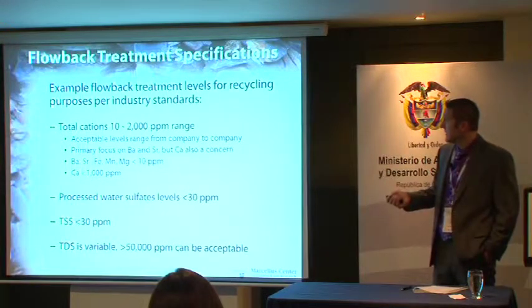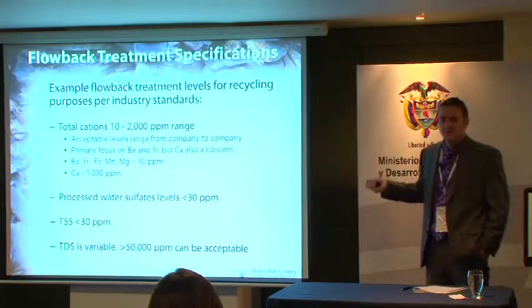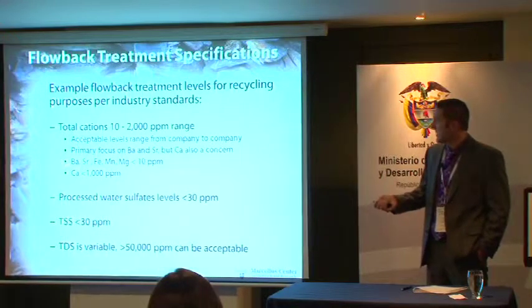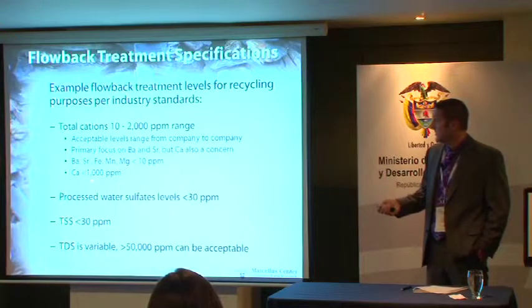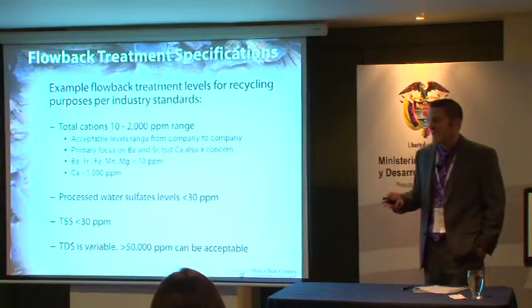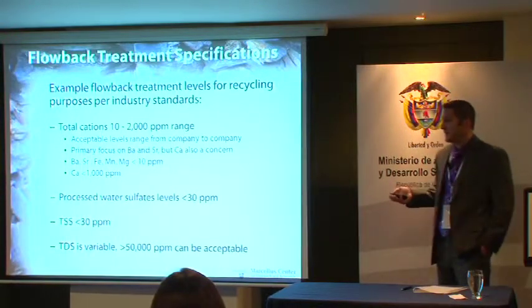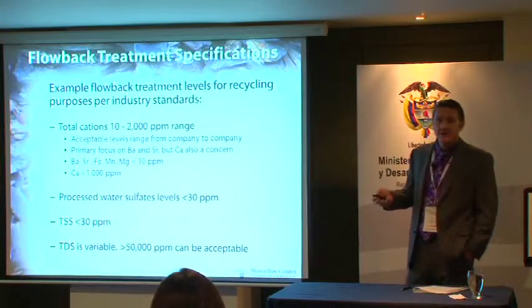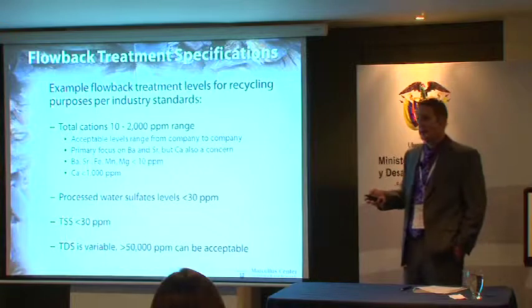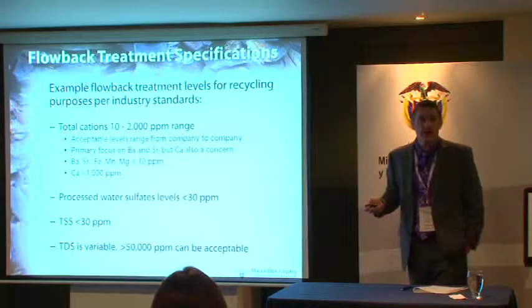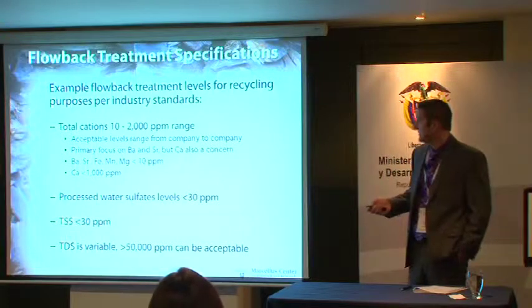Basically, they're looking at getting the cations or the metals out of the water to acceptable levels, mostly barium and strontium and iron and calcium. That's where the focus on the treatment has been. Some companies are now finding that they're more comfortable having some barium and strontium in there, that the scaling potential isn't really as high, but they actually still have concerns for iron as a scalant down there.